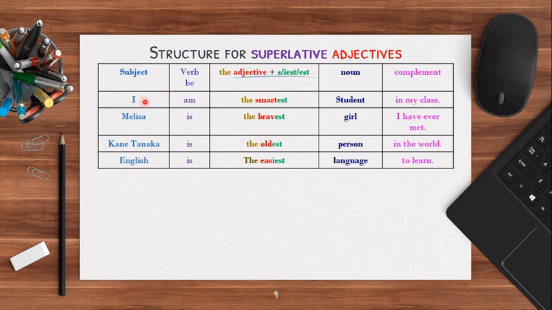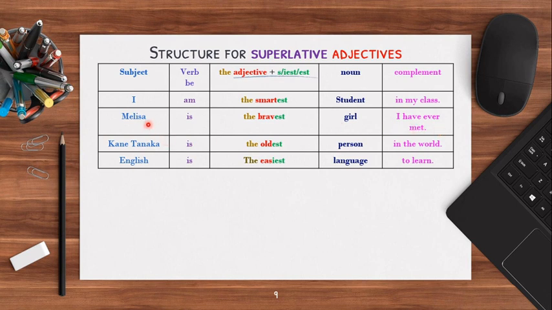The subject says, I am the smartest student in my class. Whenever you do this, you need to add a noun that identifies the subject. For example, Melissa is a girl, right? So Melissa is the bravest girl I have ever met.